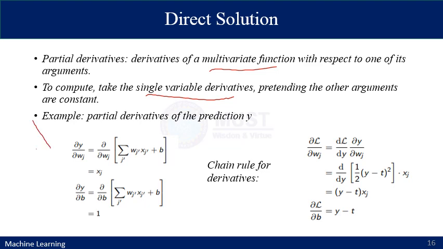For example, the partial derivative of our prediction y can be calculated with respect to the weights as provided here. We use again our predictor model, the linear model, which was wx plus b, and we take the partial derivative with respect to the weights.